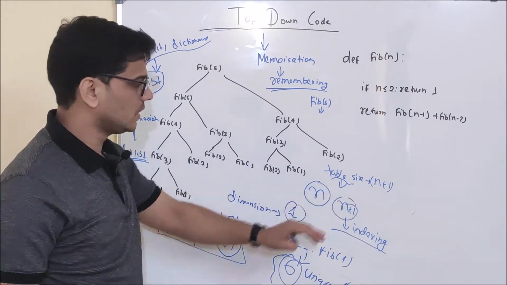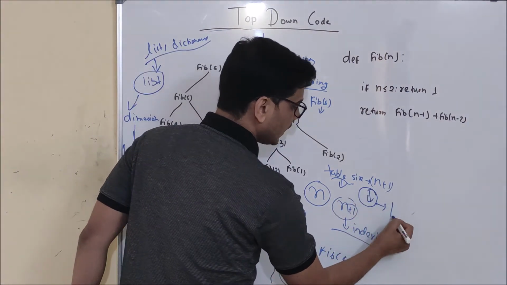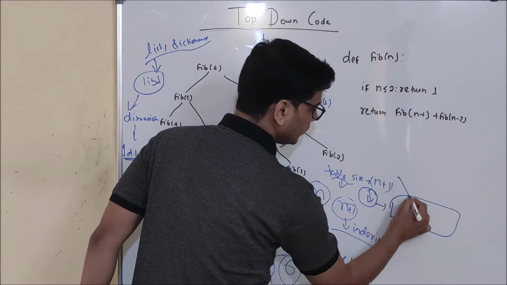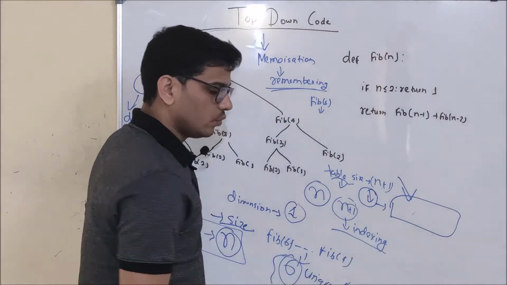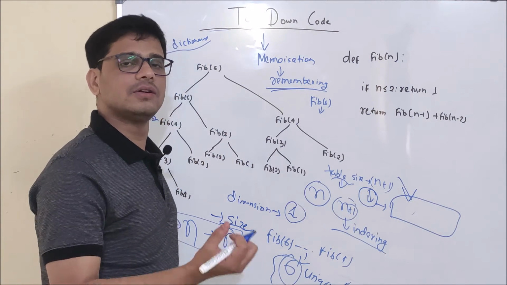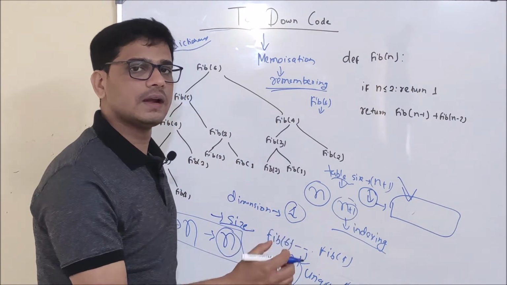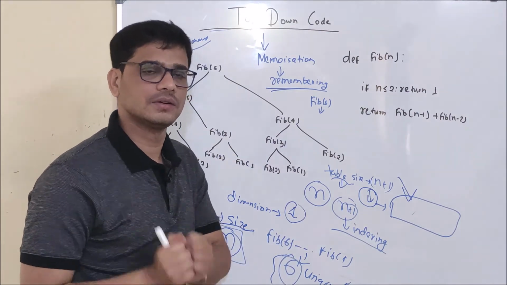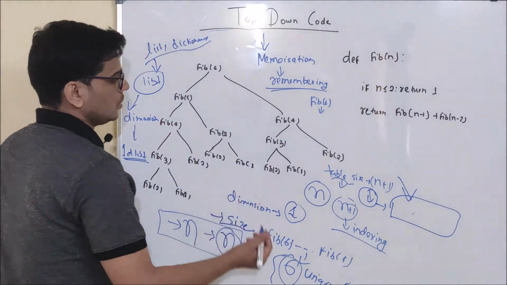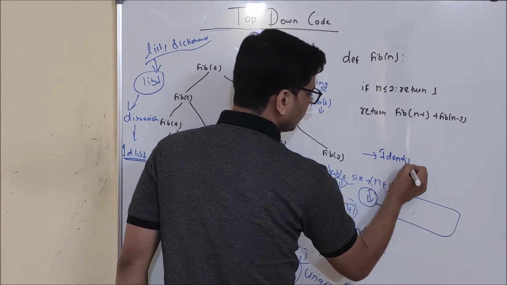What else do we need? Suppose I have calculated a value. I am going to store that value in the table. But we need to check in that table whether we have updated it or not, and if we have not updated it, that means I have to calculate it. To do that, we need an identifier.